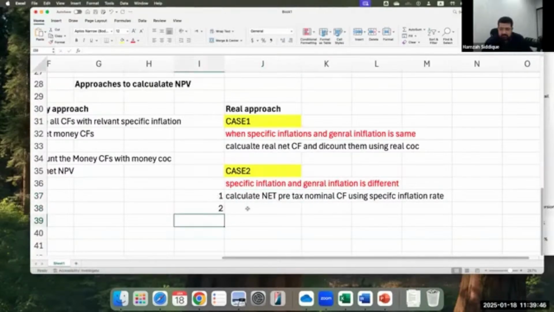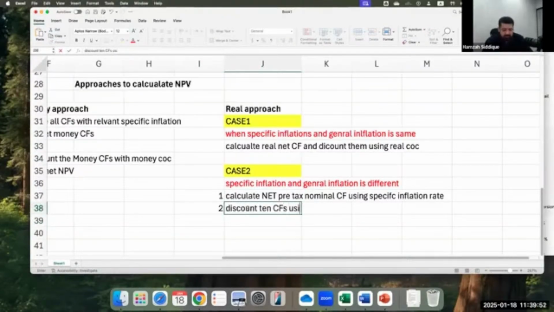Second, discount the cash flows using general inflation as discount rate to get real cash flows.